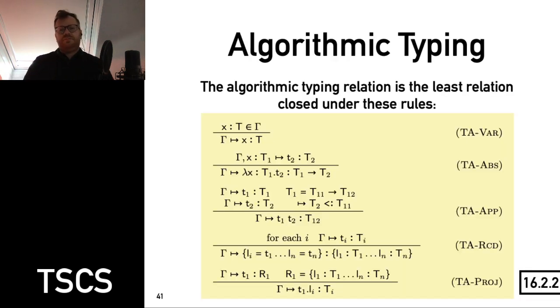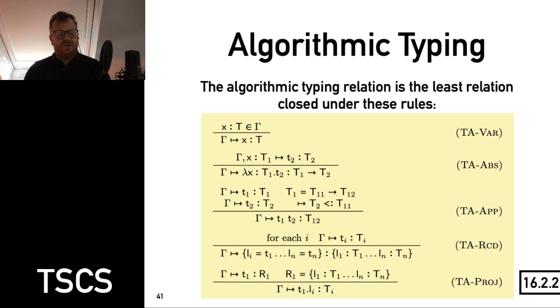So full algorithmic subtyping looks a little bit like this. So this is the full algorithmic typing with algorithmic subtyping. So the tvar rule looks as you know it. The tabs rule looks as you know it.